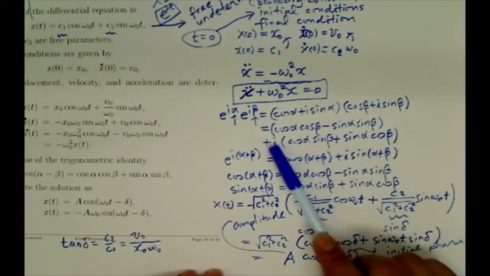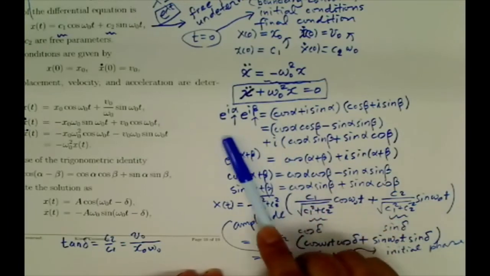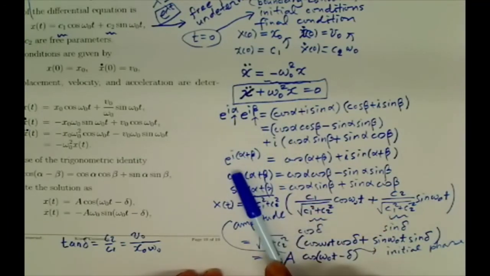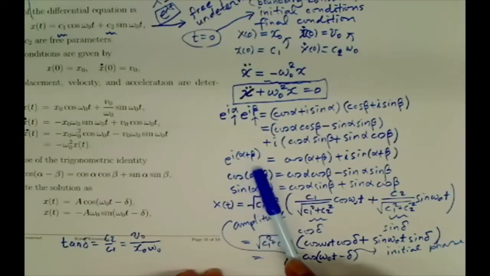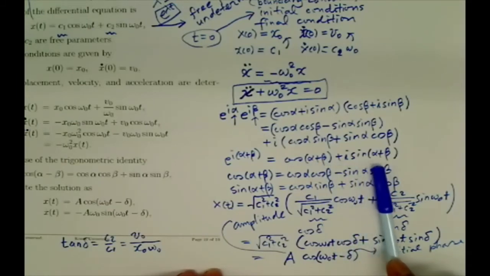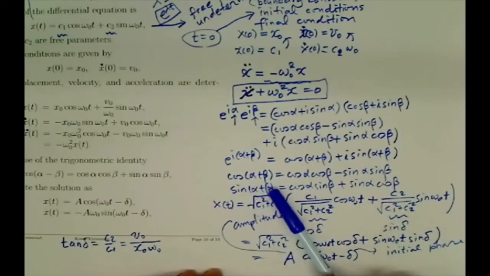If I multiply two exponential functions, the law of exponents gives exponential i times alpha plus beta. Therefore, it should be cosine of alpha plus beta plus i sine of alpha plus beta. Therefore, cosine of alpha plus beta is cosine alpha cosine beta minus sine alpha sine beta.